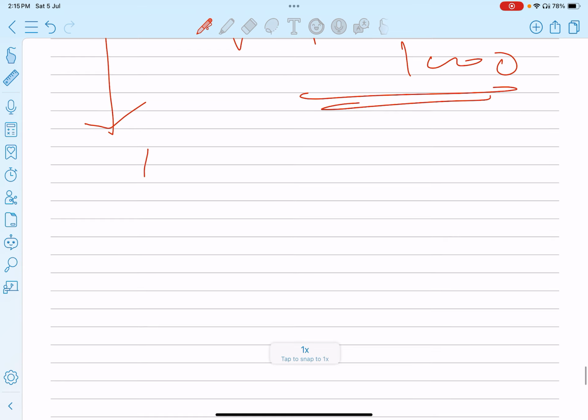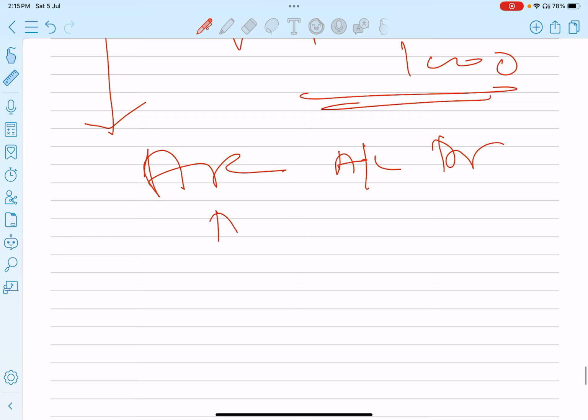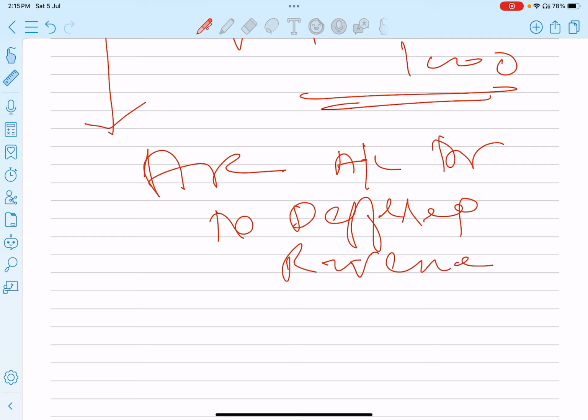Once you bill, you will say that AR debit to deferred revenue. So this is a situation very much similar to the outstanding expense.